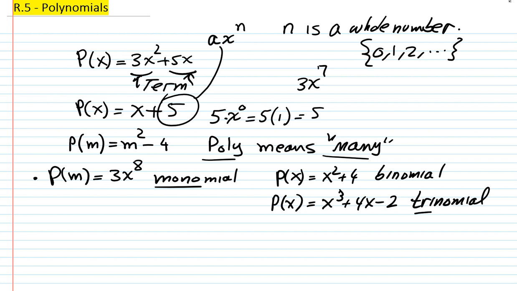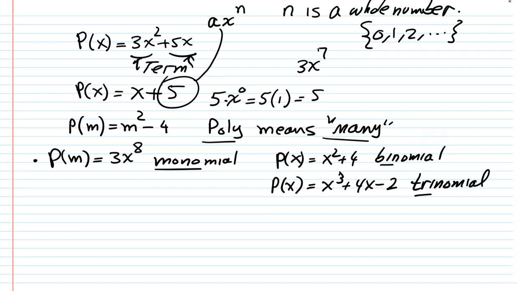Now, beyond mono, bi, and tri, the one, two, and three term polynomials, we simply call these polynomials. So if I have 4 terms, they don't have another name for it. They just call it a polynomial.